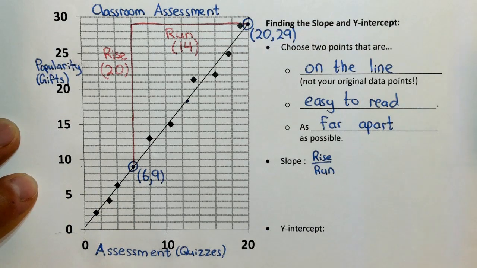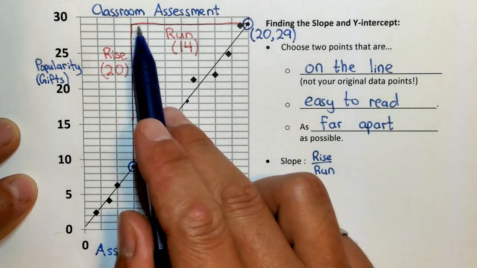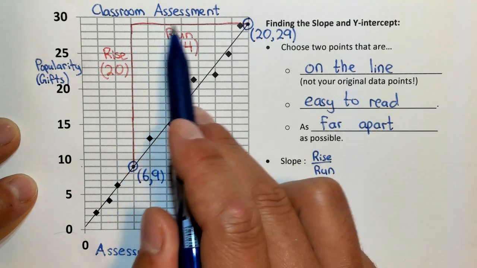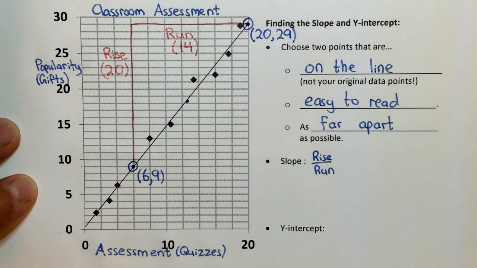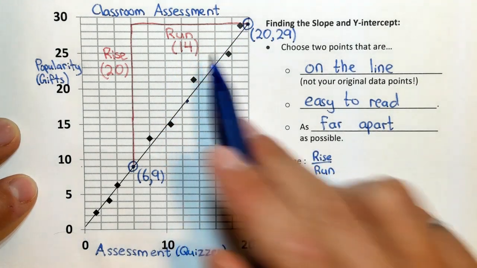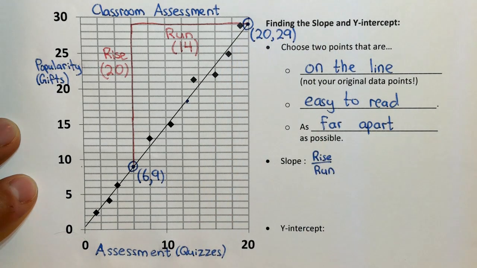One really common mistake that students make is they measure their rise and run just by counting squares. So they might look at this run and say this is 1, 2, 3, 4, 5, 6, 7 squares, so my run is 7. We're not counting squares here. We want to use our actual units. So we want our run to be in numbers of quizzes, not squares.